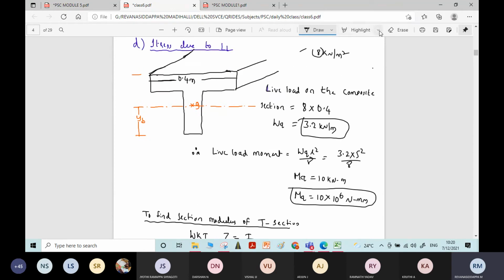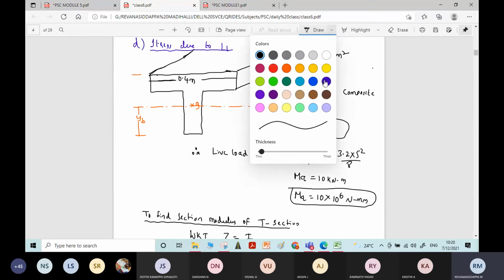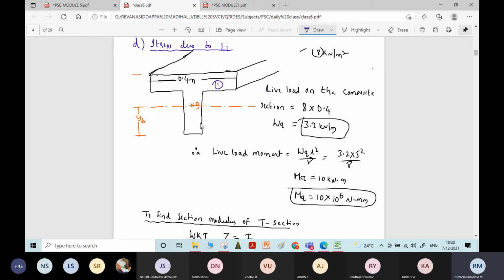A1, you take the flange as A1. You take this as the first component, this as the second component. So the area of this flange is 0.4 by 40, that is 400 by 40.